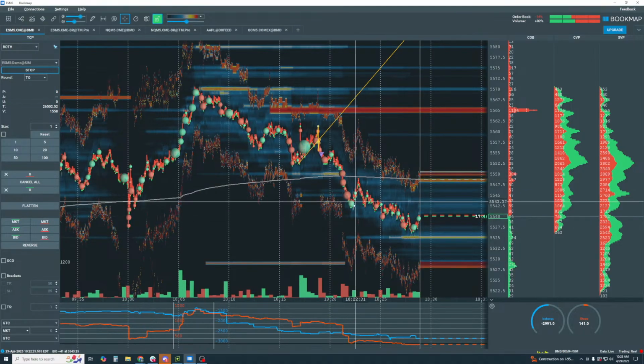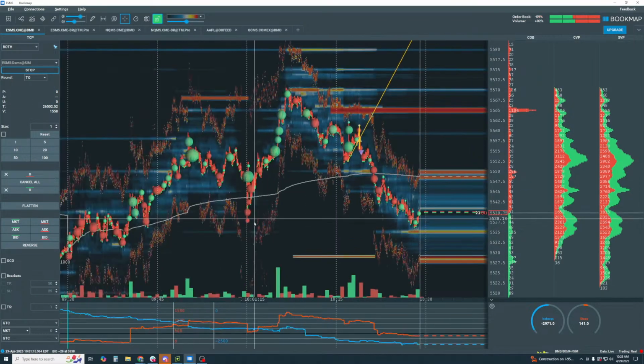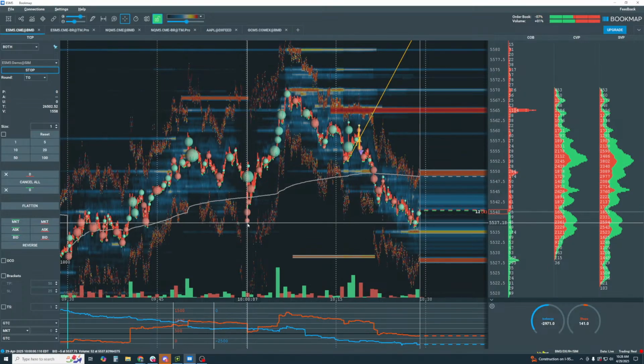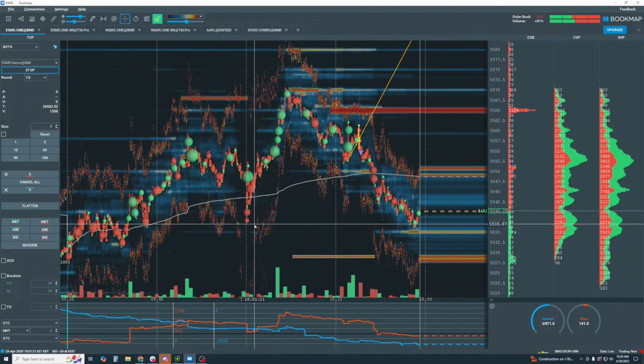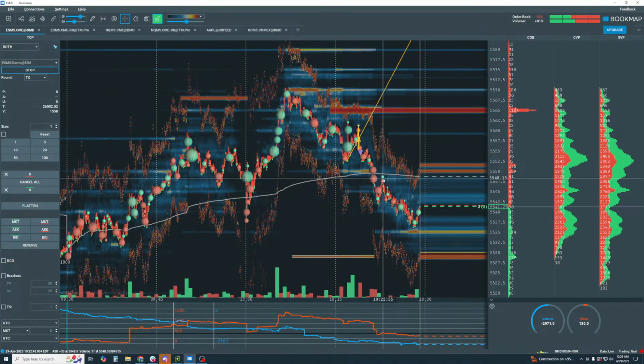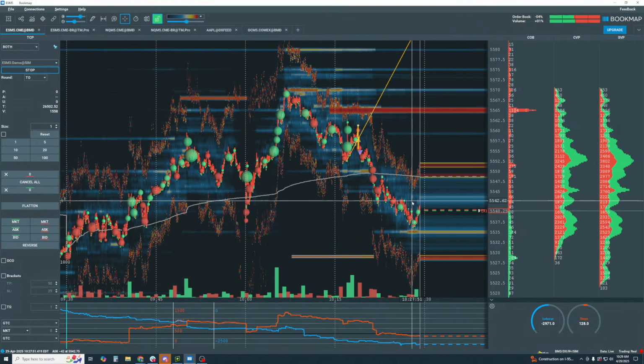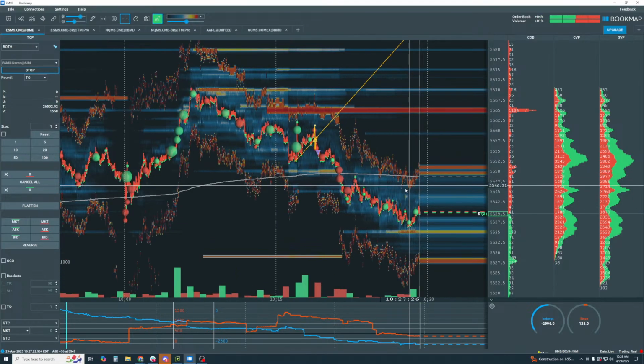I would look for a reaction around these swings, some profit taking, and some buyers to re-engage, and then maybe they can take it back up to previous swings where the sellers dropped from, or the VWAP up here.